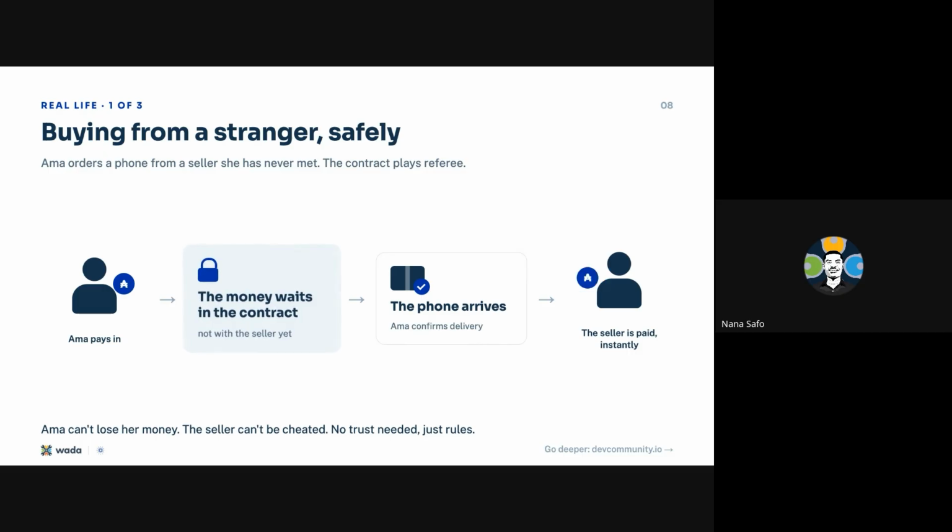Another analogy probably would be, I don't know how many people actually use Binance P2P. That is a very good case study of how smart contracts actually work, where you want to buy assets. So if you're buying, then it means that you have your currency in fiat, right?